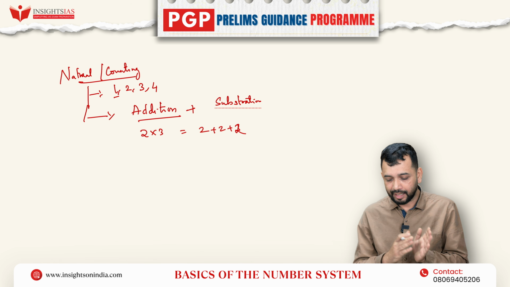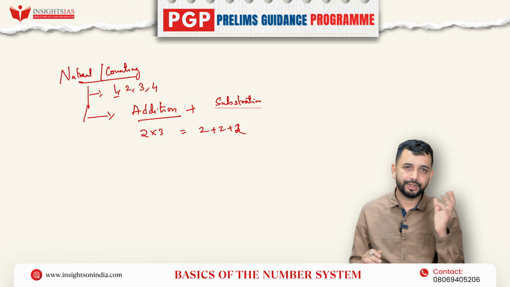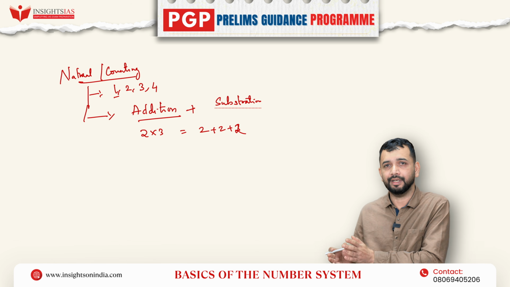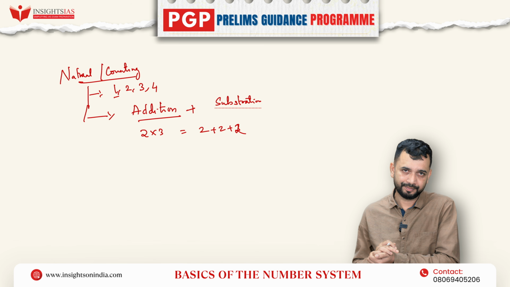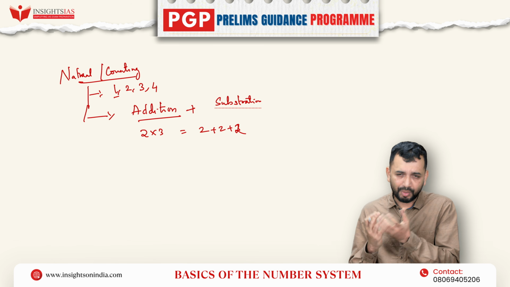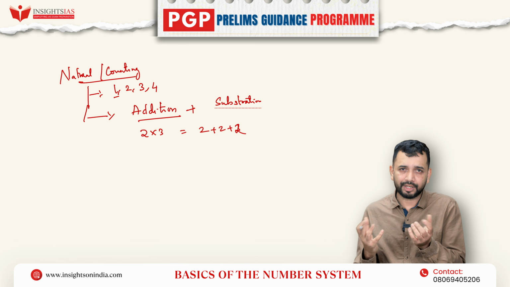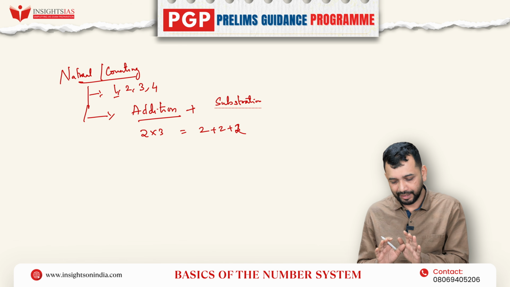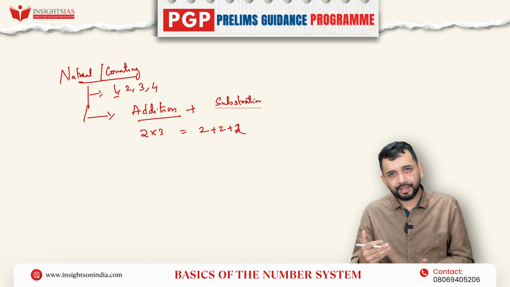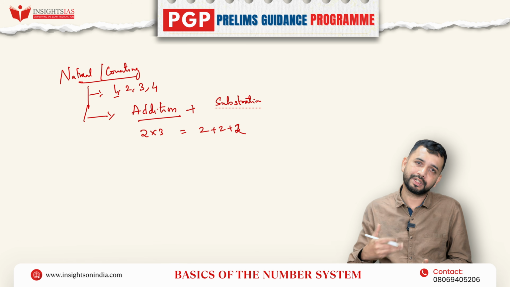Rather than writing 2 plus 2 plus 2, we just write 2, 3 times. It is a successive addition. Similarly, division is successive subtraction. The basic operations we started with were addition and subtraction, and multiplication is the next version of addition itself.